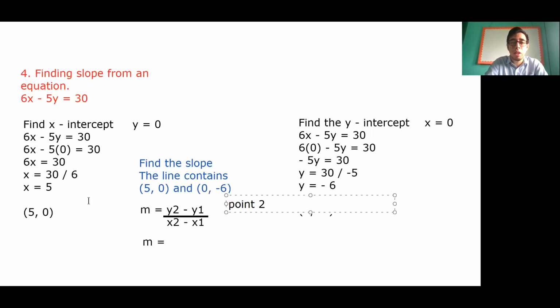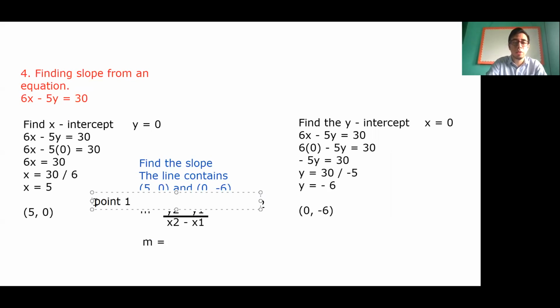I'm going to write in here, this is the point 1. I'm going to draw a line, an arrow. So this is the point 1 and this is the point 2. I write this because I wanted to see with what numbers I'm going to work.